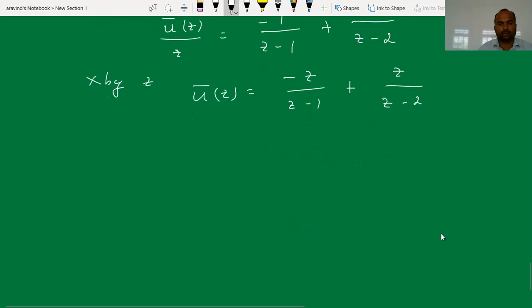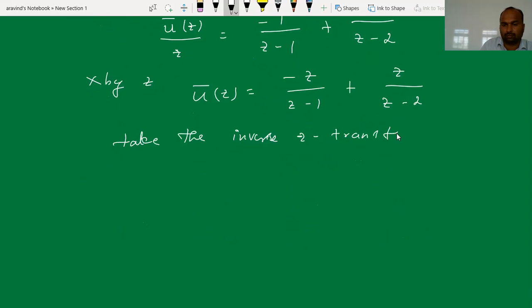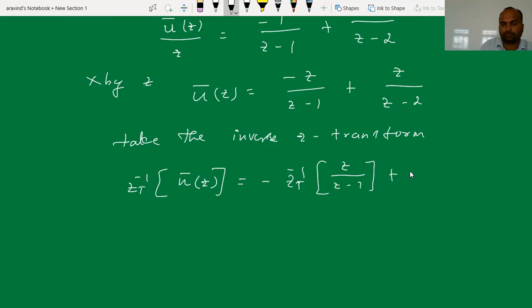Now find the inverse z transform. The inverse z transform of u bar of z will be equal to minus inverse z transform of z by (z minus 1) plus inverse z transform of z by (z minus 2).